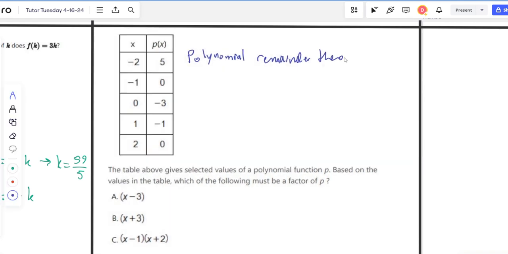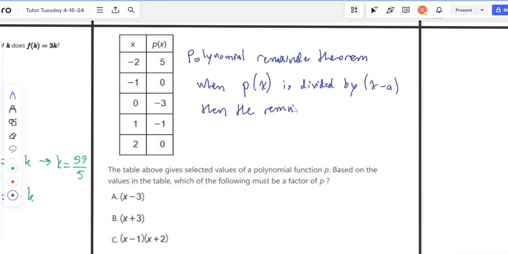Polynomial remainder theorem. It's when p of x is divided by x minus a, and the remainder is p of a.